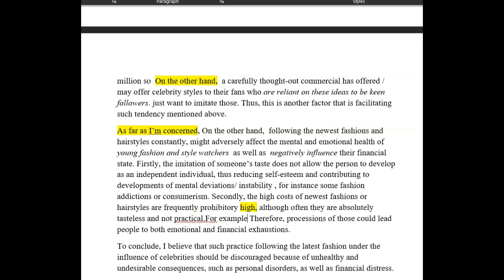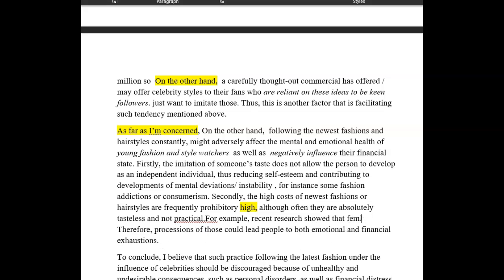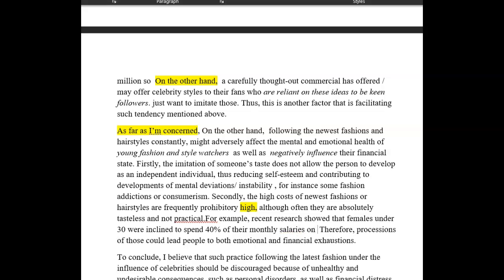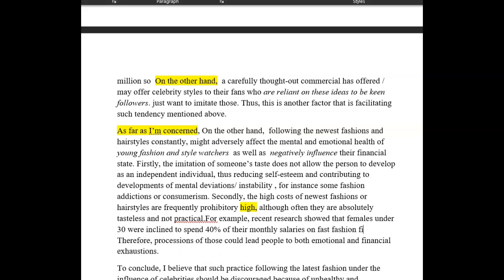For example, recent research showed that females under 30 were inclined to spend 40% of their monthly salaries on fast fashion fixes. Okay, so we need the example in here.